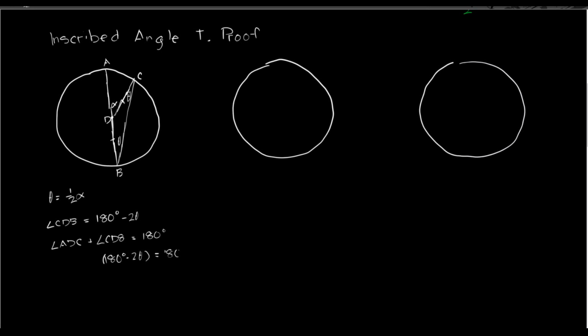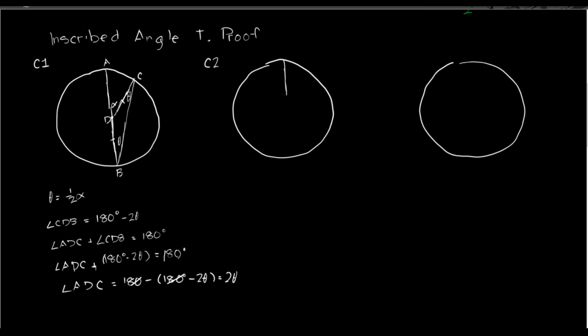And using simple algebra and maybe some better handwriting, we can see that angle ADC is simply equal to 180 degrees minus, in brackets, 180 degrees minus 2 theta, which is equal to 2 theta, as these ones cancel out. So we've just proved it for our first case here, which is great. Now, let's put C1 for case 1 to refer back to that. And now we go to C2.